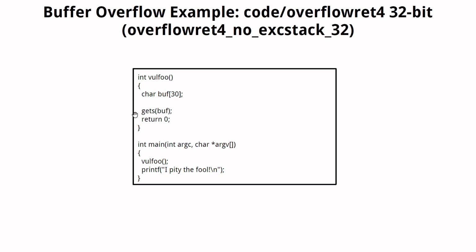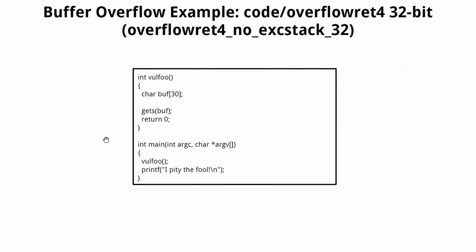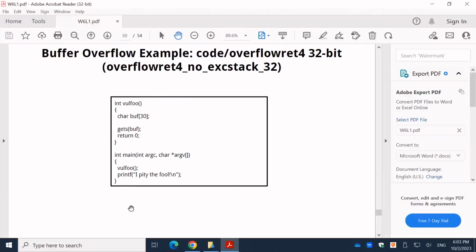The only difference between this one and the one you looked at 2 weeks ago is when we compile this one, we said the stack should not be executable. So if you inject the shellcode there and return to the shellcode, you will not be able to get the flag. However, let's see how we can use the return to libc approach to hack this one.